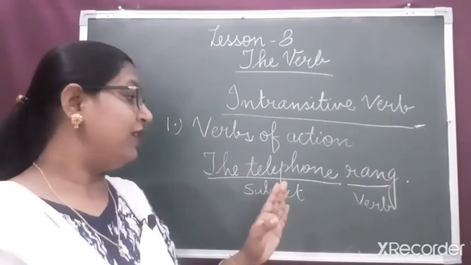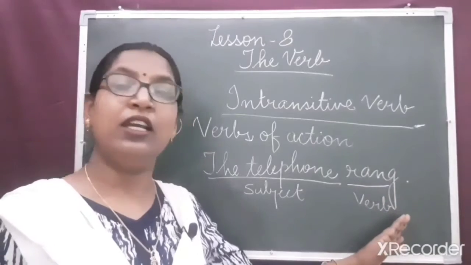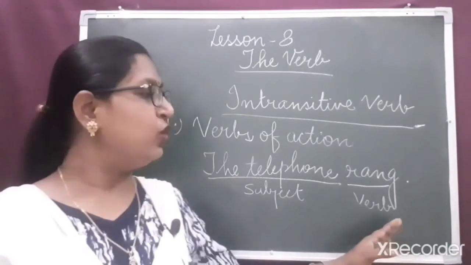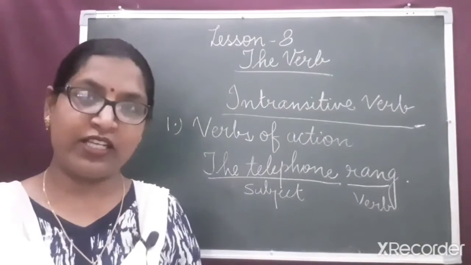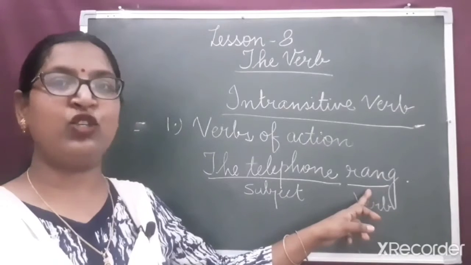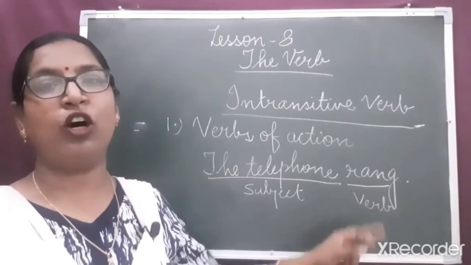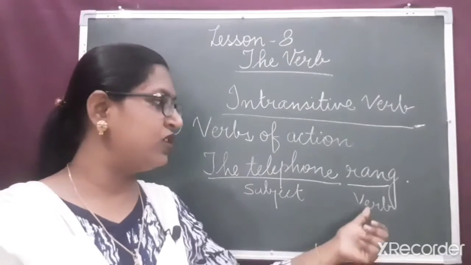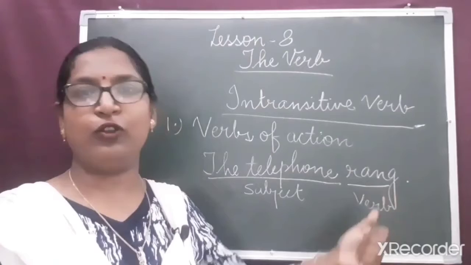Dear children, this sentence is complete with the subject and the verb. No other words are needed to complete the meaning of this sentence. As the verb here shows the action, this verb is verb of action because it shows the action of ringing. So it is the action verb.